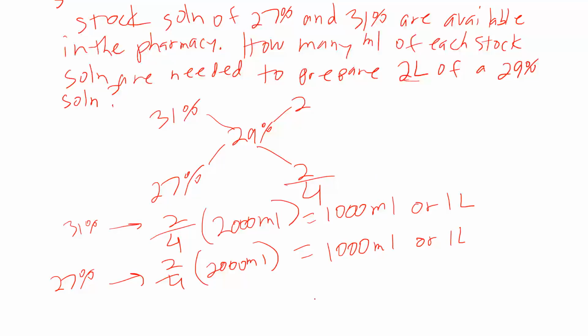Now, let's find out if C1 V1 equals C2 V2 works. Actually, it won't work because we have 27%, we have 31%, we have 29%. We only have room for 2 concentrations, not 3.